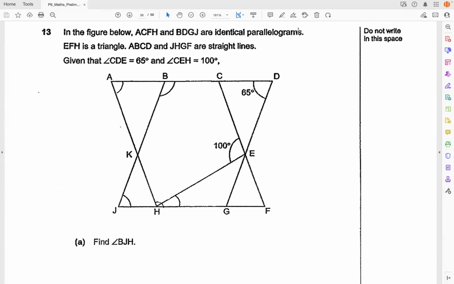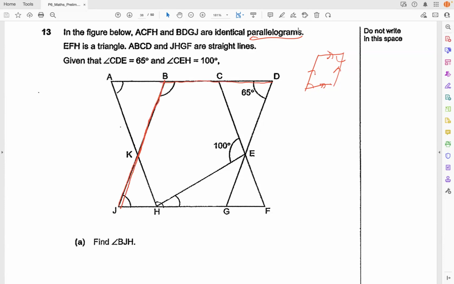Okay, remember, this question has parallelograms. One of the properties of parallelograms like this is that opposite angles are equal, okay? So there are two parallelograms. Let me highlight them. This is one.